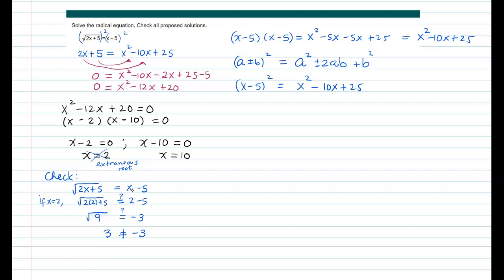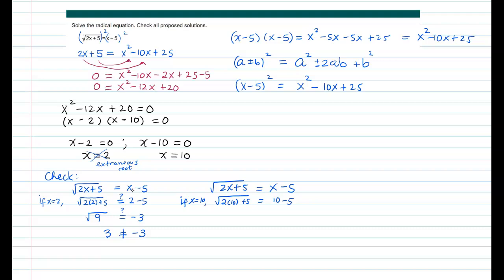Then you can also check for when x is equal to 10. So here you would want to check if x is equal to 10, this expression will be the square root of 2 times 10 plus 5 equal to 10 minus 5.